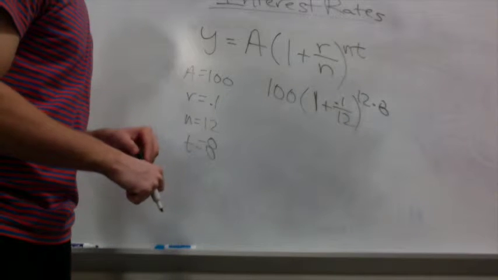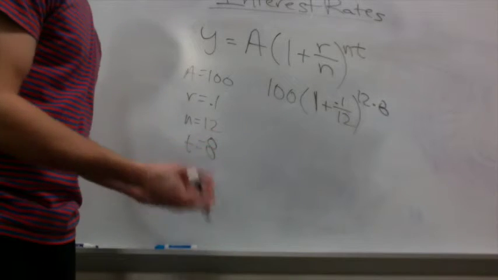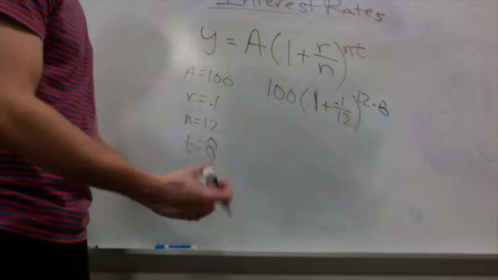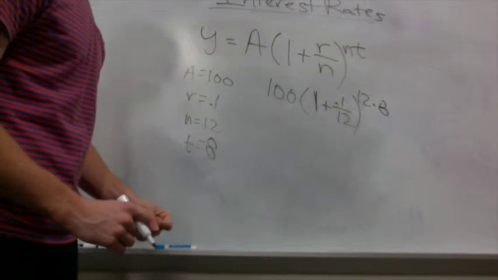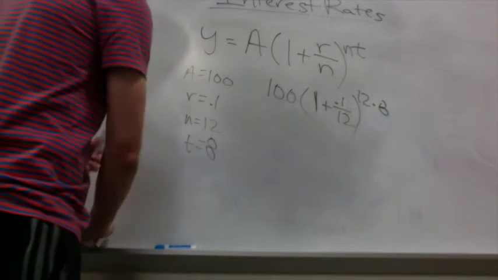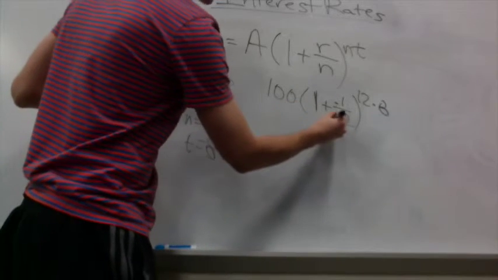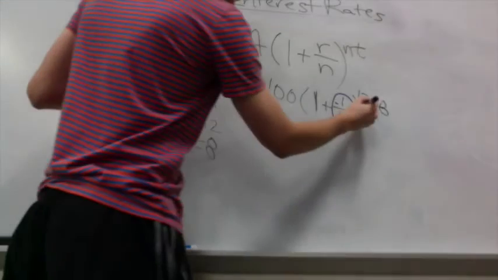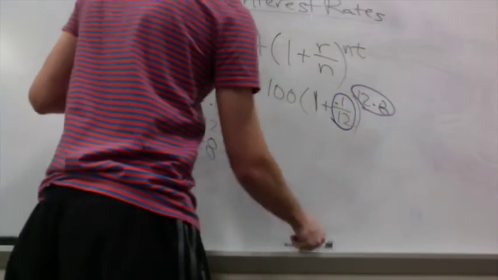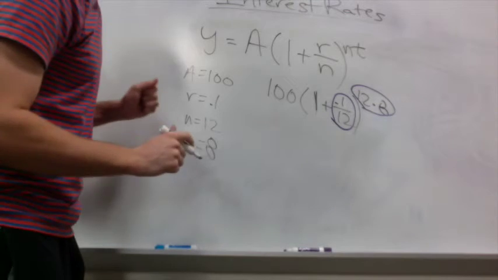Now we got to go to the calculator. I would go through step by step to make sure we don't type anything wrong. So let's go through it step by step. Numbers I would start with, I'd figure out with the calculator 0.1 divided by 12 and 12 times 8. I would write those two numbers in.